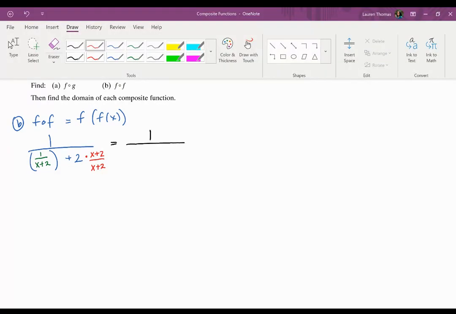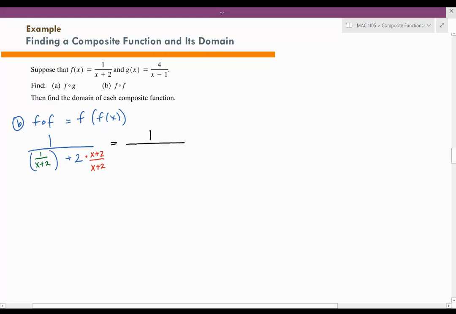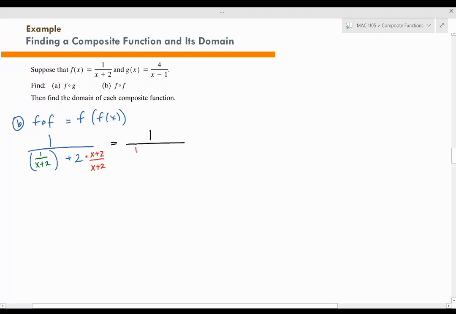The first rational is going to stay the same, 1 over x plus 2. For the second one, I'm going to distribute the 2 to both of those terms, which is going to give me 2x plus 4 over x plus 2.